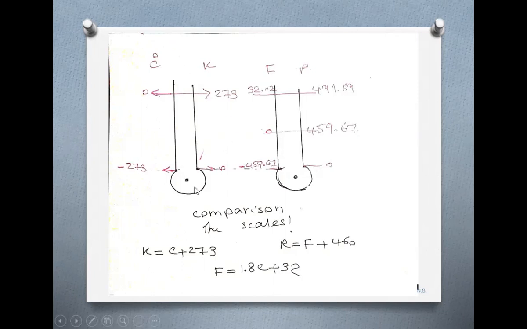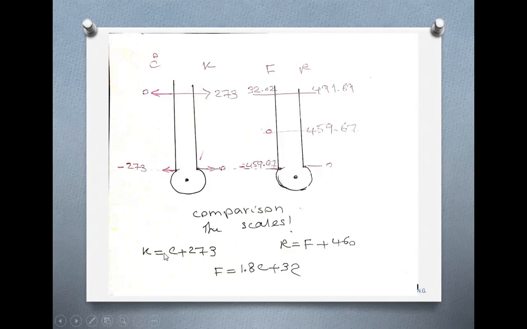So let's first work on the SI system. As you see, here is absolute zero. We have Kelvin on the right side and centigrade on the left side. What is absolute zero in terms of centigrade?